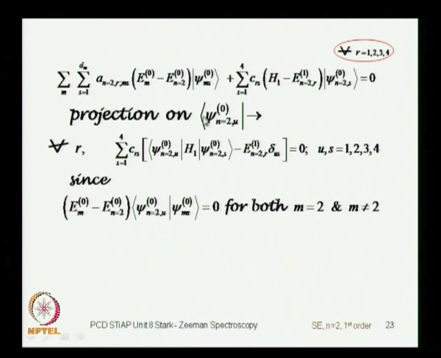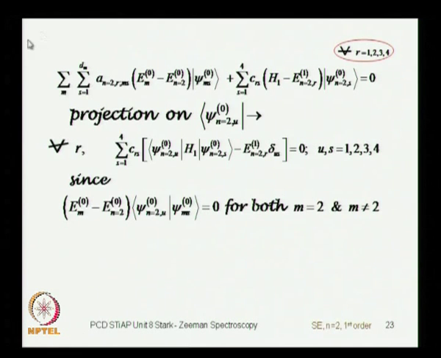And when I take the projection, if you look at this term, if m is equal to 2, this difference in energy will vanish, and if m is not equal to 2, then this projection will vanish, because these states we know are orthogonal to each other.